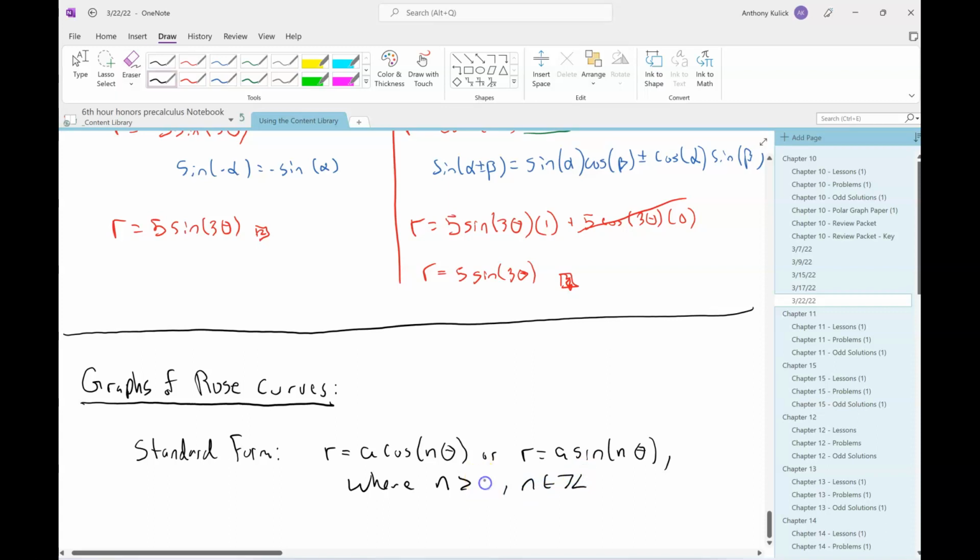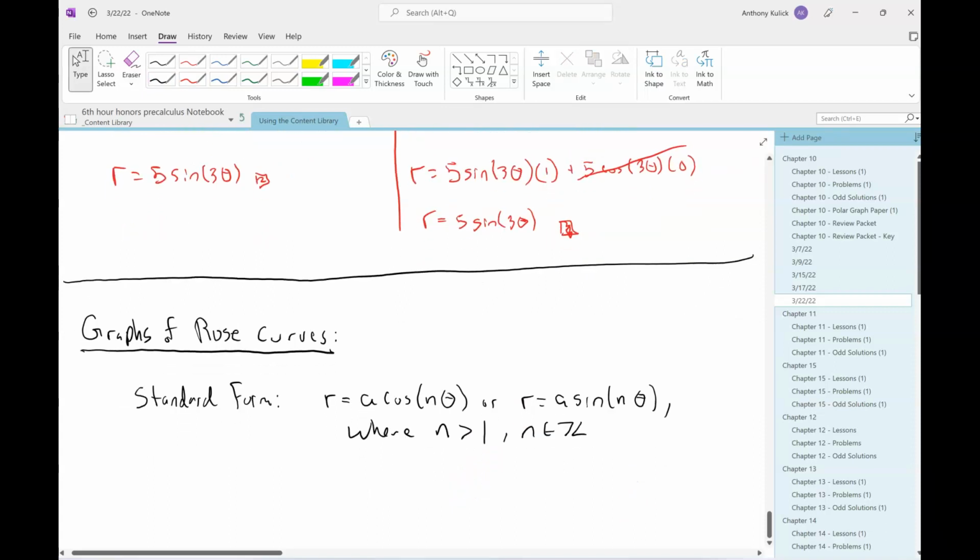Oh, actually, I should say greater than 1. So 2 or greater. So 2, 3, 4, 5, 6, 7, 8, 9. If it's 1, I think you just end up with a circle, which is not so exciting. Not very flowery, right? Okay, anyways.